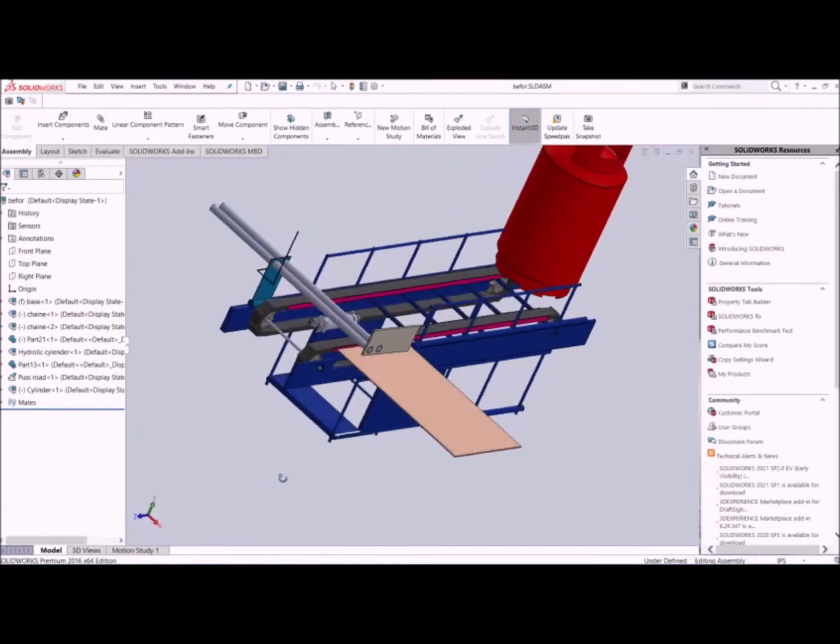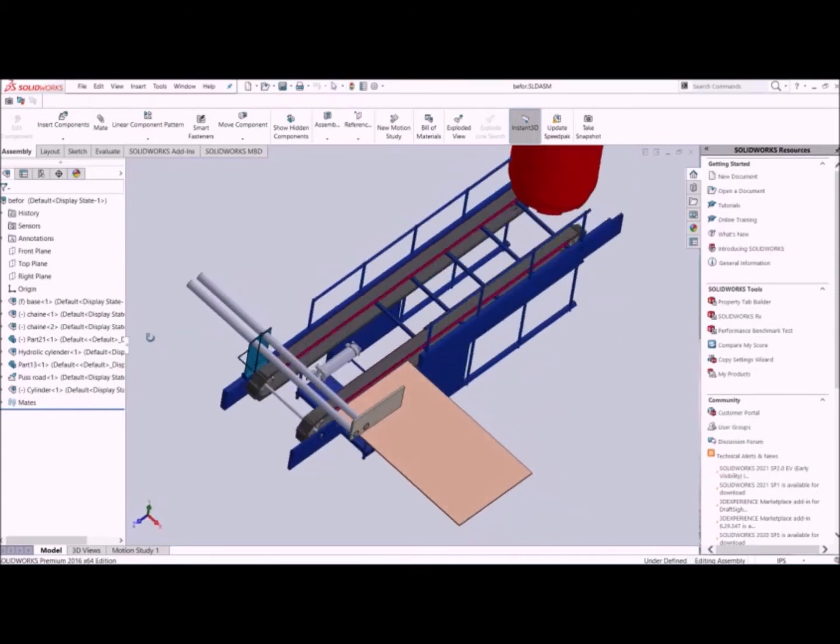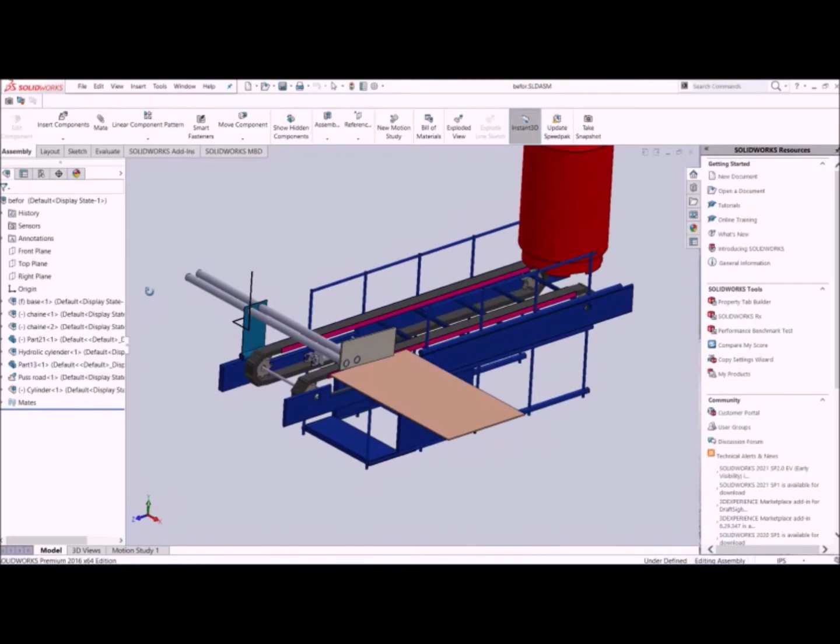Now I am going to present this machine that I have designed. The overview of this machine: of course, a machine always reduces production cost, and I want to use this machine instead of manpower.